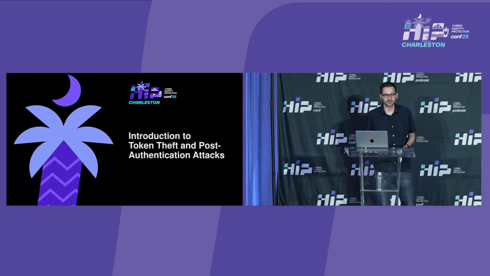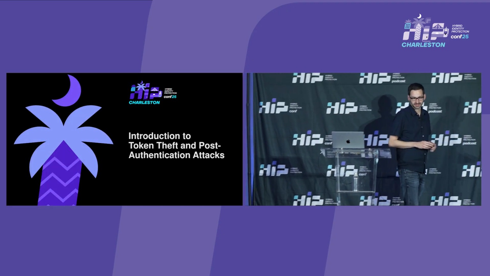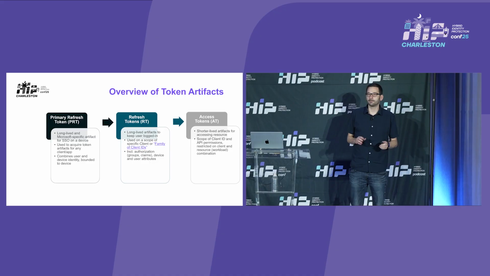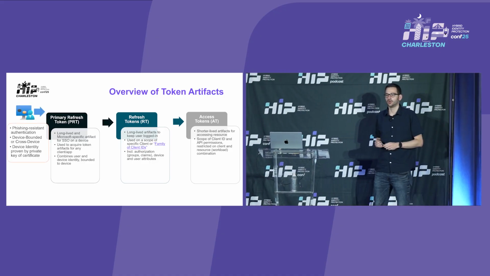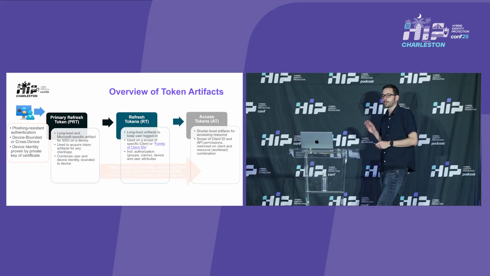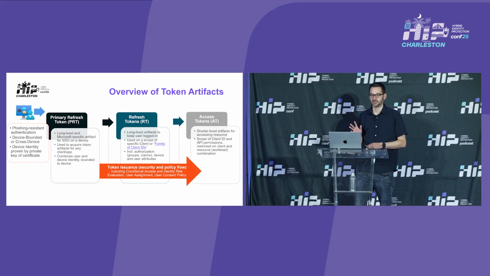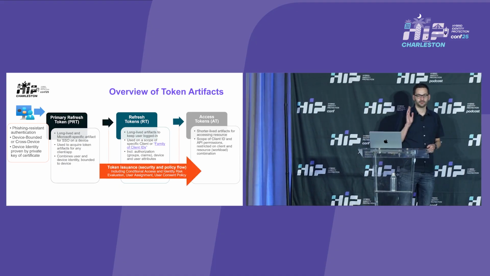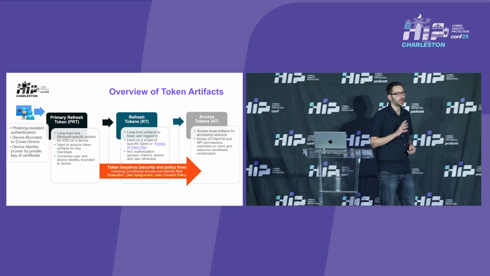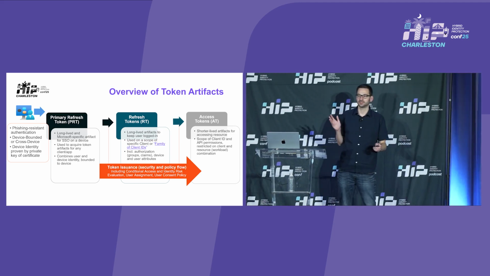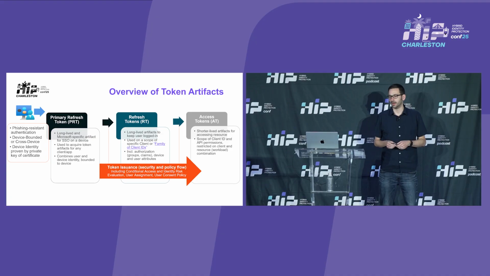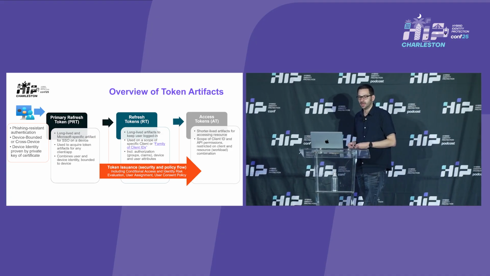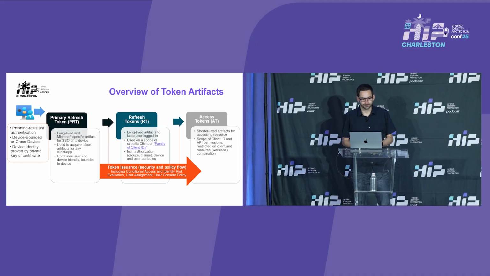All right, let's start with a quick introduction to token theft. All of the demos and the attack scenario that I will show later rely on the following scenario. We have a phishing-resistant authentication on an Azure AD or Entra ID joined device. As a result of this authentication on this device, we get a primary refresh token.